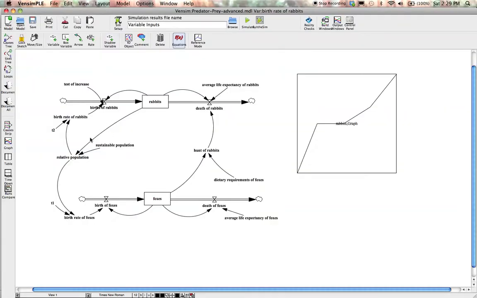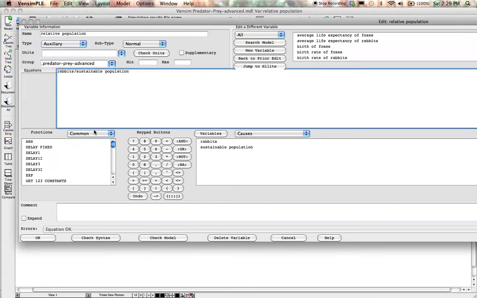Now, this relative population that feeds into the birth rate of rabbits is a ratio of the population of rabbits to a new variable defined in this model, sustainable population.